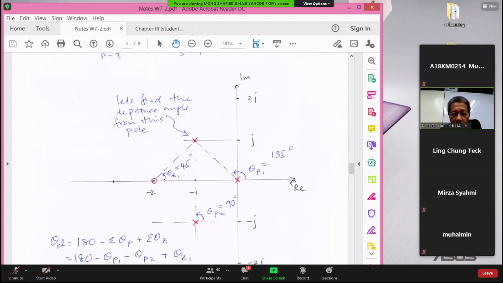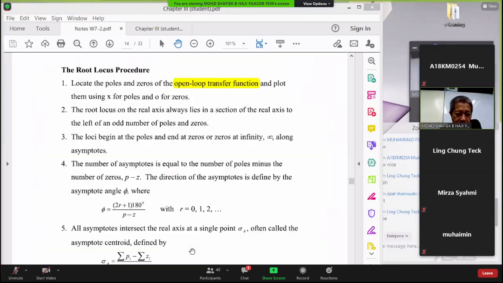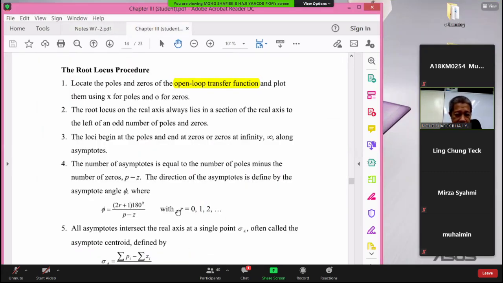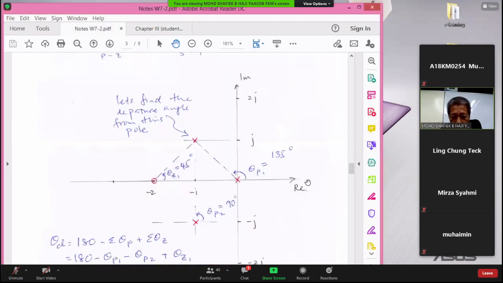And then on the real axis, the locus exists to the left of an odd number of poles and zeros.